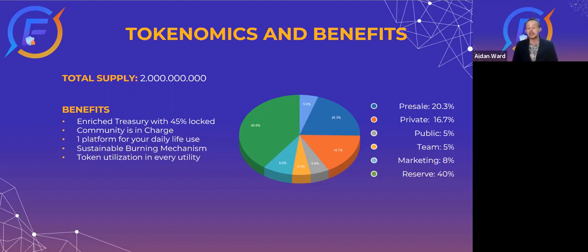FNT is considered to be a utility token as well, but the one thing I want to draw your attention to, ladies and gentlemen, is this big green slice of the FNT pie, of the supply pie, if you will. That rhymed, I didn't even realize.